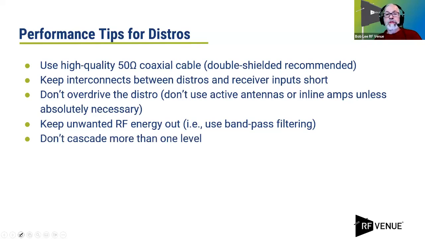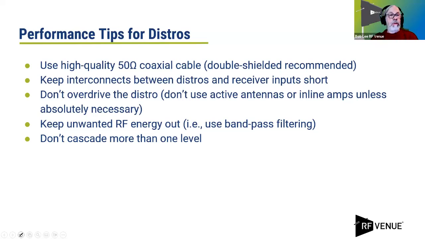Okay, and then we also recommend don't cascade more than one level. I mentioned that before. Please plan your distro so that you only need to go one level of cascading, if at all. If you have, let's say, 3 distros, you wouldn't want to have a primary distro and then go into a secondary distro and then come out of that secondary distro and feed that third one.